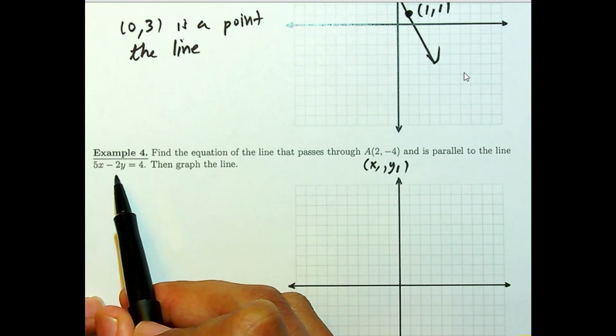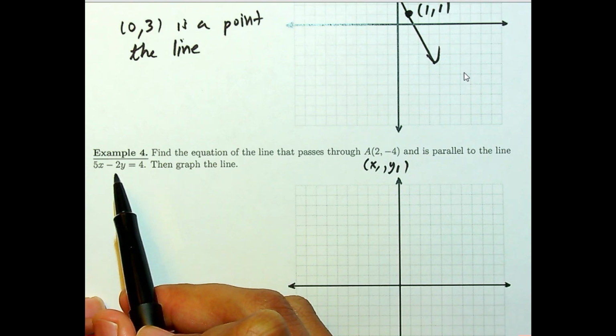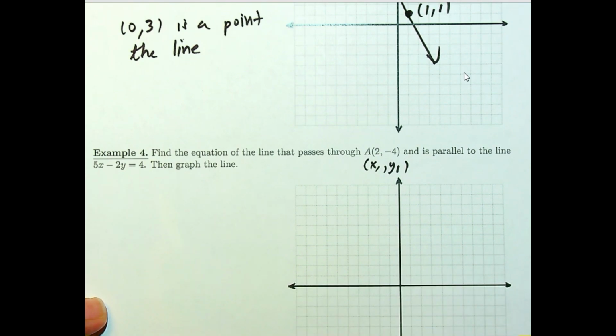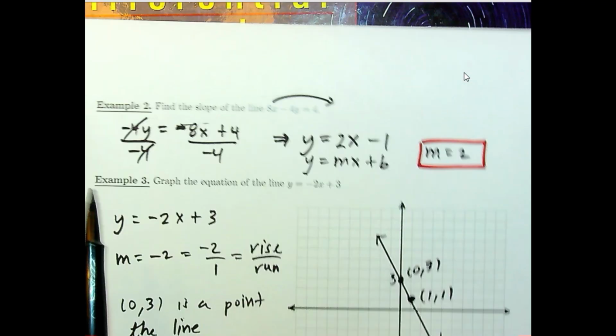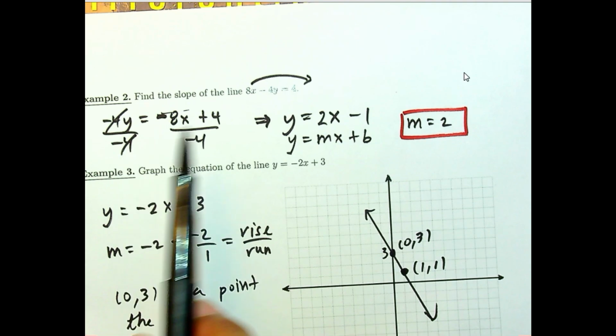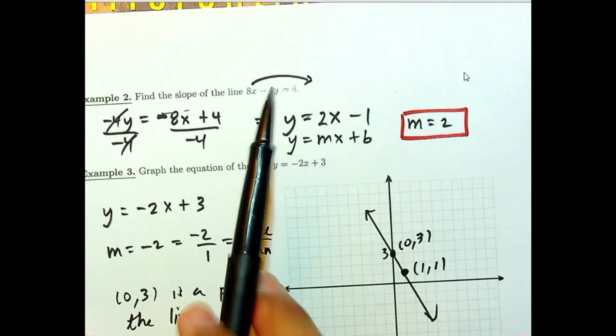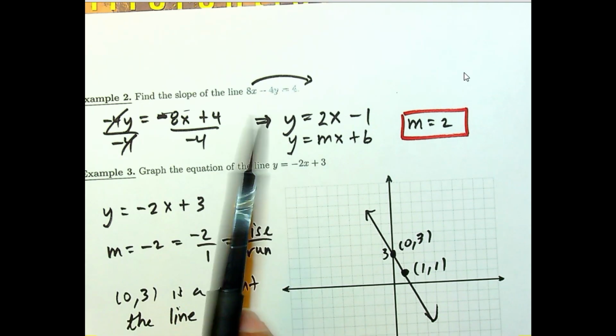Now, what is the slope of that one? How do you figure out what is the slope of that one? To find the slope of that one, we do like we did here, right? We solve for y. Once we solve for y, what is in front of the x is the slope.